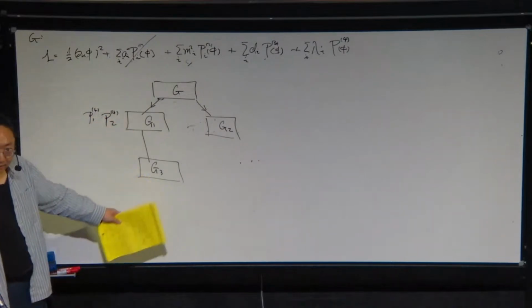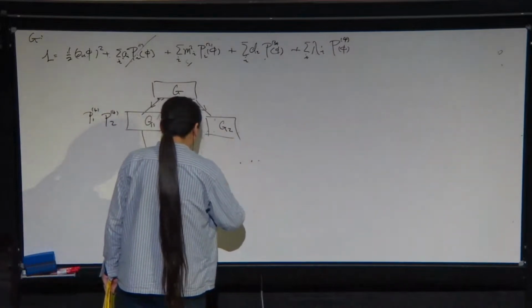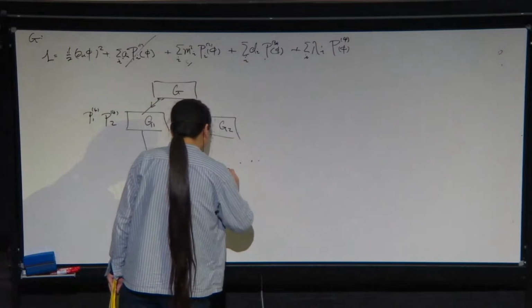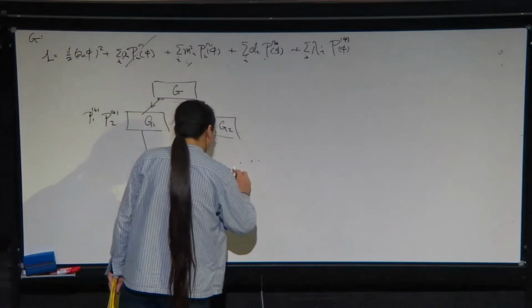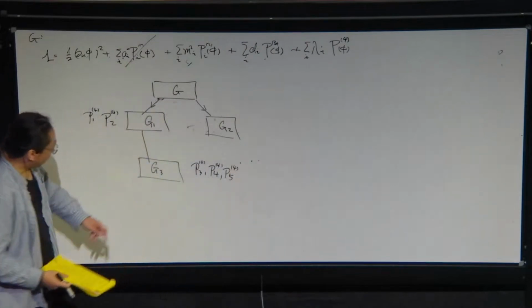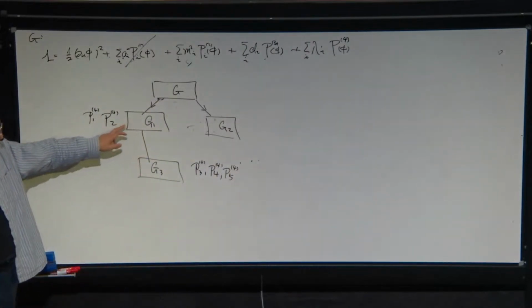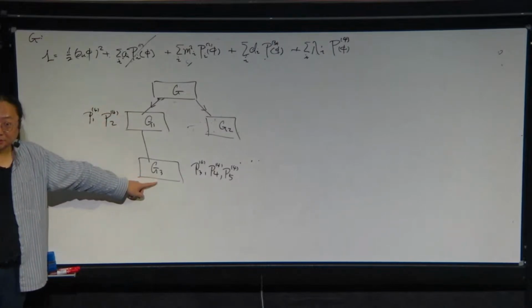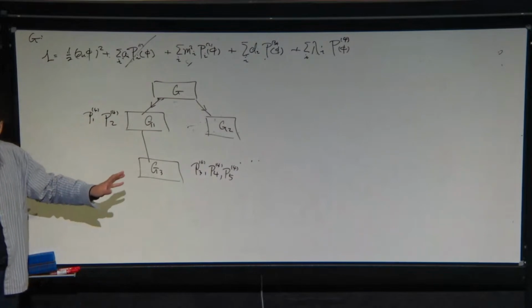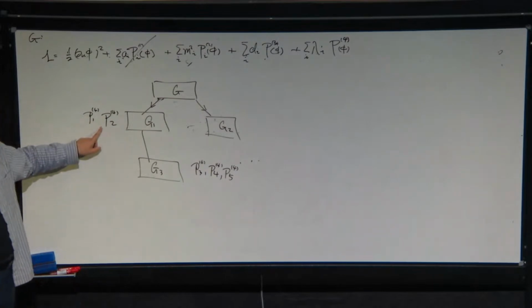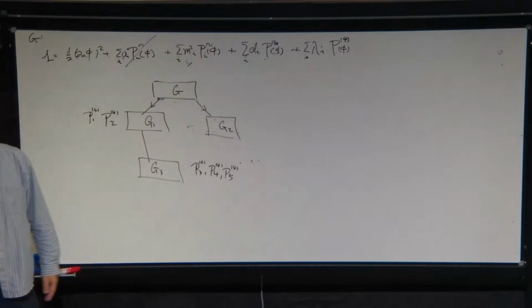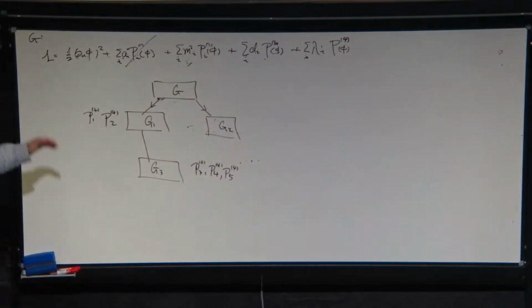And suppose this group has some invariant tensors, P3, P4, P5. Because this group is a subgroup of the other, these invariant polynomials would also be invariant under the action of this group, if you choose the basis properly. Therefore, all these invariant polynomials should be written as a linear combination of these ones, right?